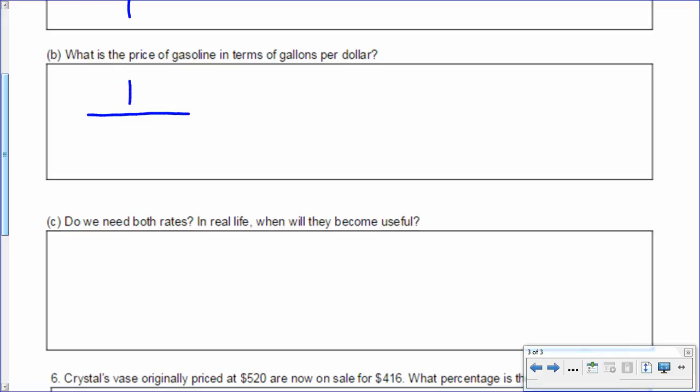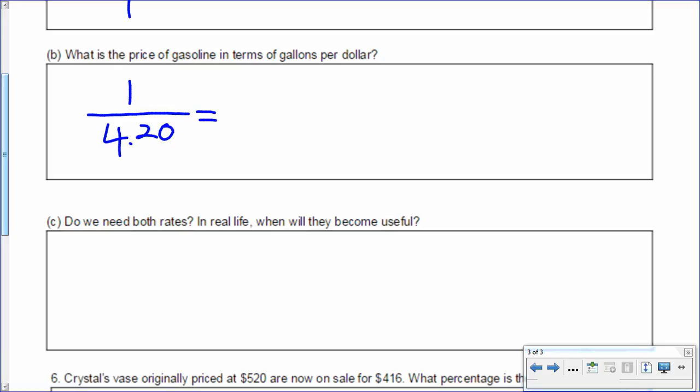But we don't even need to think about it that way. Here's our gallon. Here is how many dollars we paid for that gallon, so why don't we just divide this gallon up by the number of dollars that we paid, and that should give us how many gallons we get for $1. So let's see if that works.